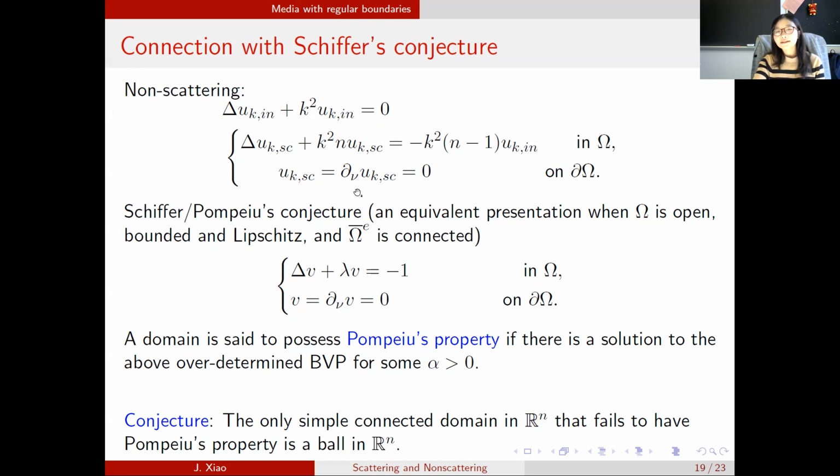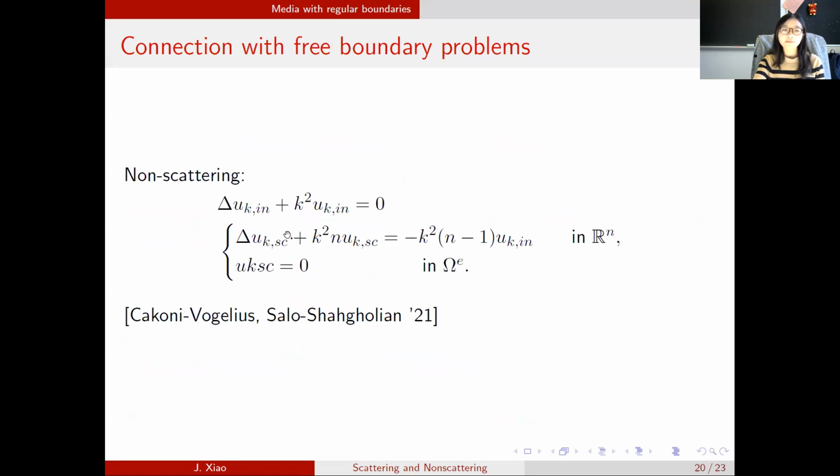Okay, and for the same reason, this is also connected with free boundary problems, because this is the same equation, but now let's consider the same equation in the whole space, or at least in a neighborhood of omega. I have another typo, sorry about this. So the connection with free boundary problems is that the scattered field is 0 outside omega.